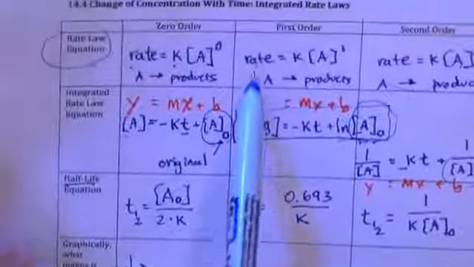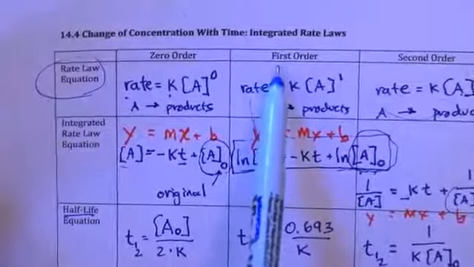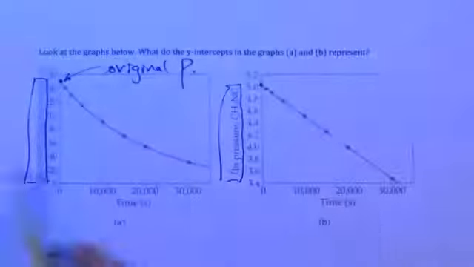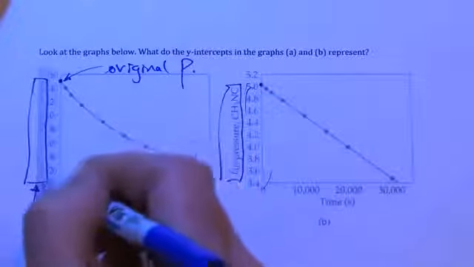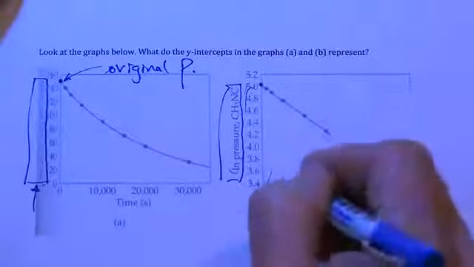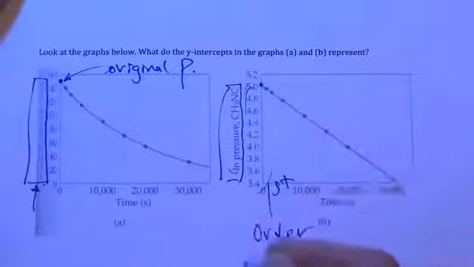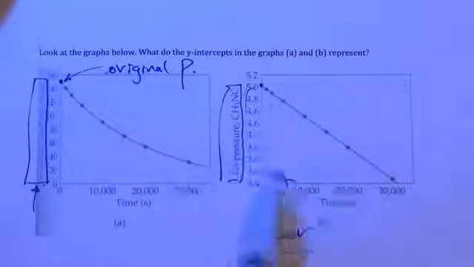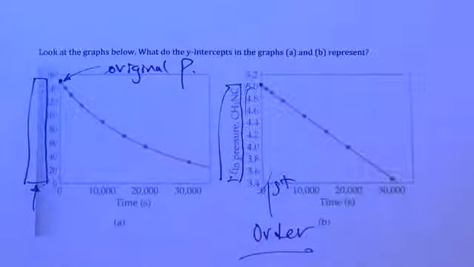If you look up here, well, that is a first order type reaction. So just by looking at these graphs and knowing that this is the natural log data, you can say that this must be a first order process, because the only way to get a straight line is by graphing the natural log of concentration versus time.